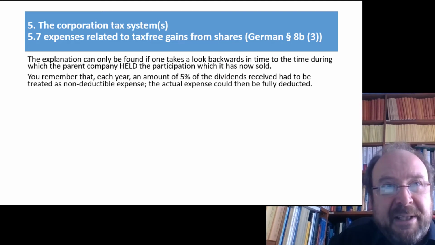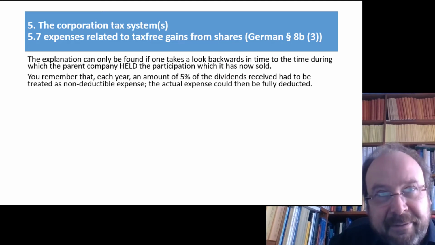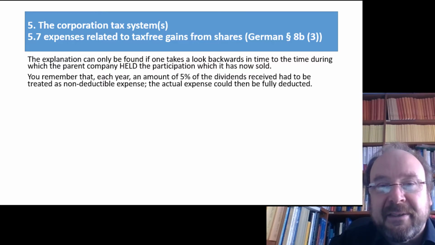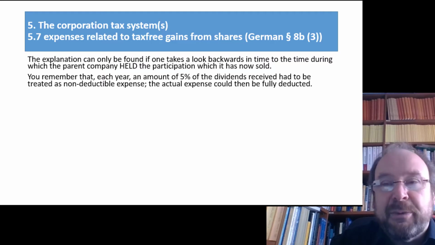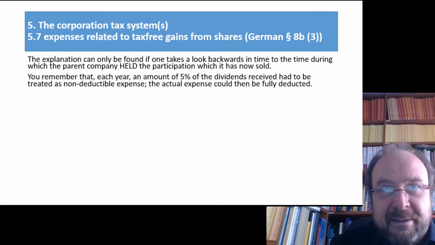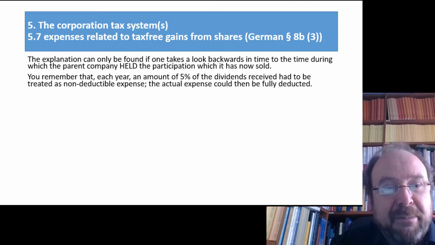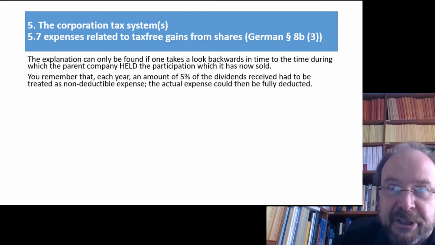And so the expense correlated to these dividends should be banned from deduction, but one wants to make things simple. So one says, we estimate that expense with 5% of the dividends coming in. In the long run, this will lead on average to an adequate amount of expense banned from deduction.